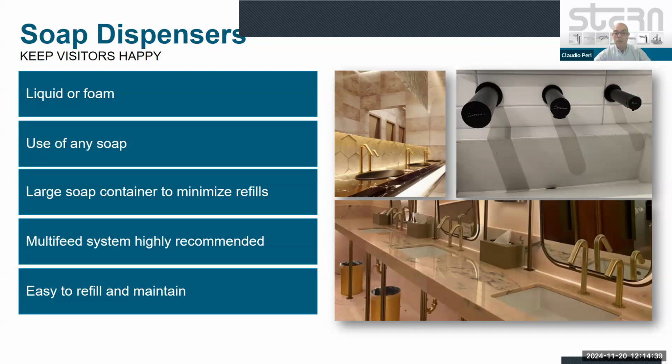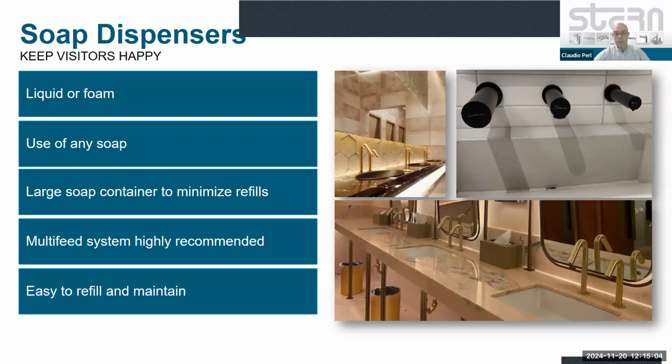Large soap containers to minimize refills. In this case, this technology allows you to install up to 6 soap dispensers simultaneously by using a 1.6-gallon soap reservoir. This is ideal for high traffic areas because you don't need to refill the soap all the time, and you can fulfill multiple installations.